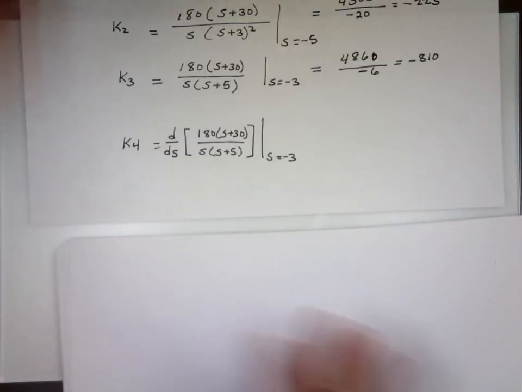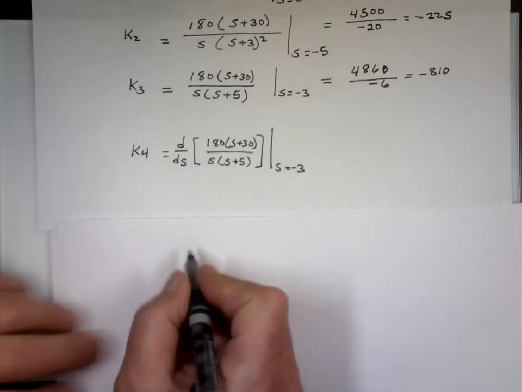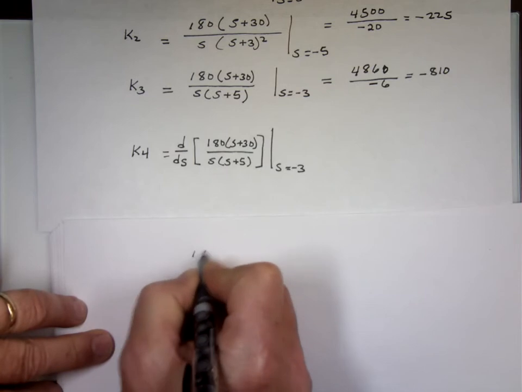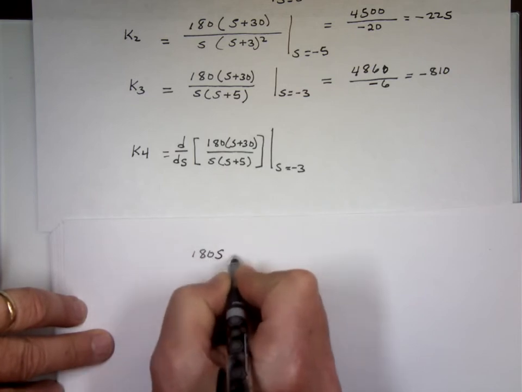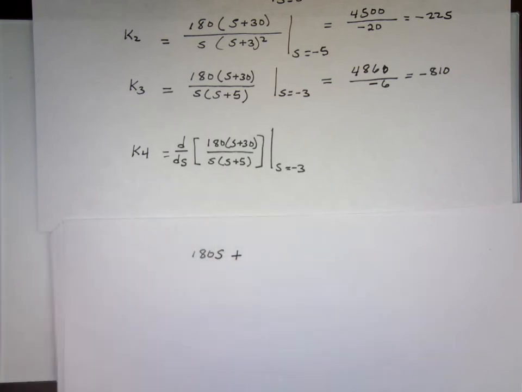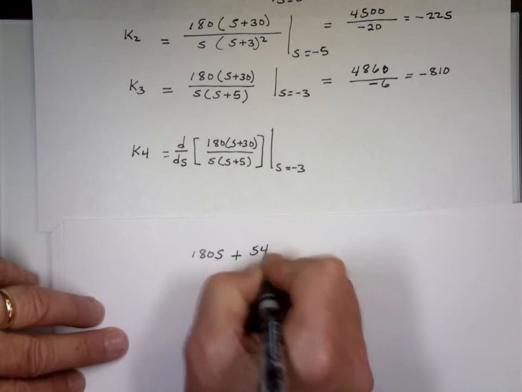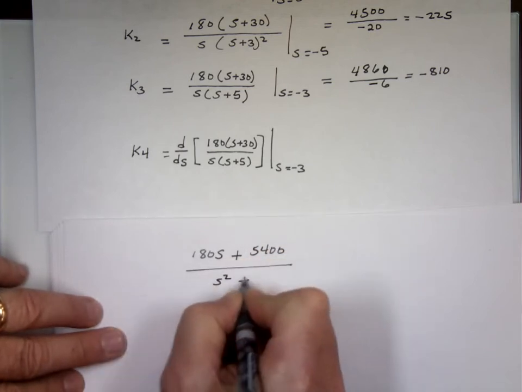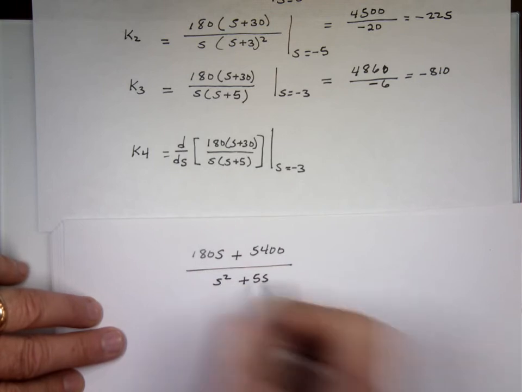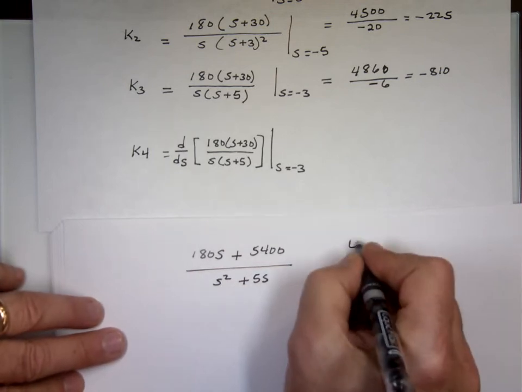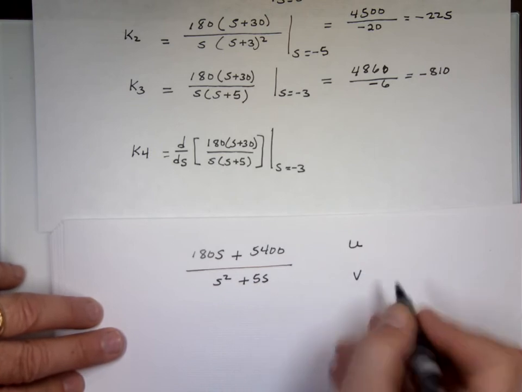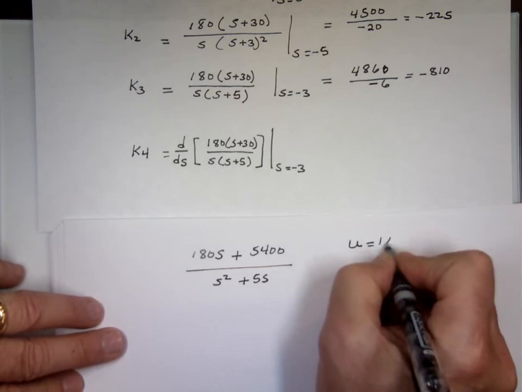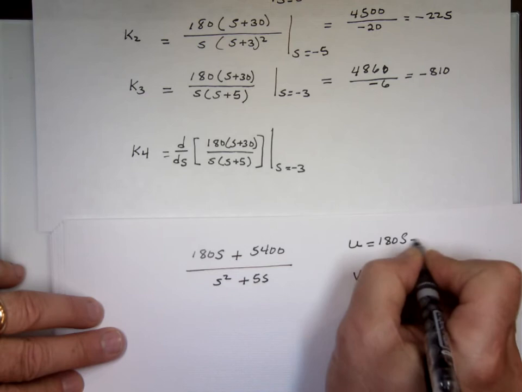The derivative here. So the top is going to be 180s. I'll multiply through. Plus what's 180 times 30? 5,400 over S squared plus 5s. Remember, we used to call them u and v. U is 180s plus 5,400.